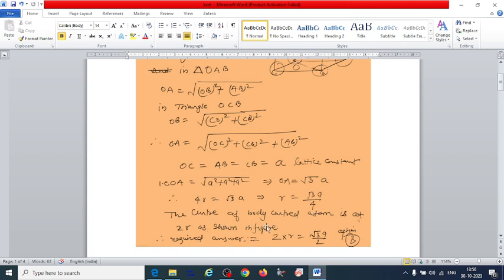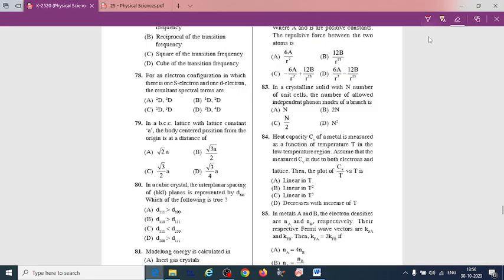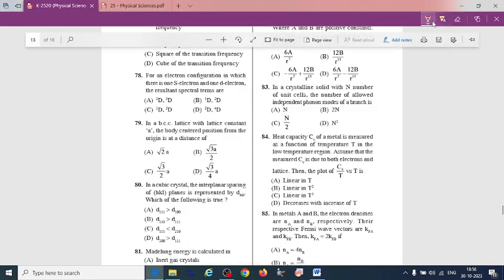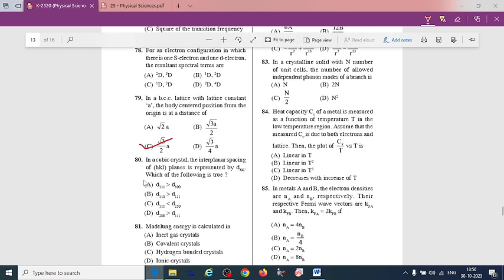Then for a body centered cube, which has 2 atoms per unit cell, 2 into R is root 3 divided by 2 A. This is the correct answer. So here the option is root 3 by 2, option C.